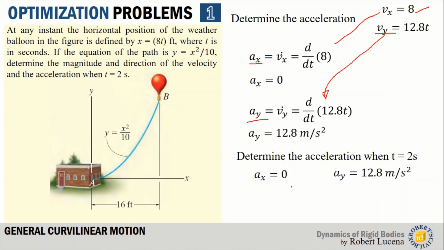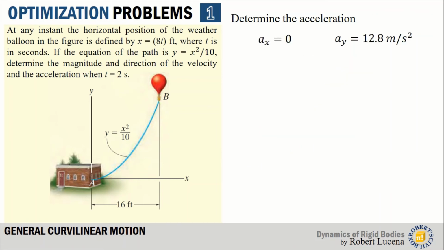As you can see, there is no equation of acceleration here in terms of t. So let's write that here. ax is 0, therefore there's no acceleration in the x direction. And ay, therefore, the velocity in the y direction is constantly increasing at 12.8 meters per second squared.